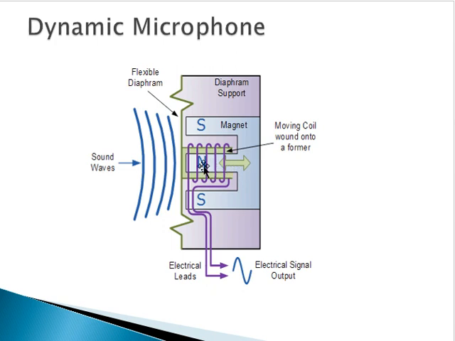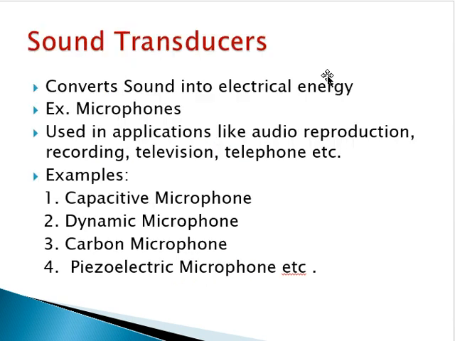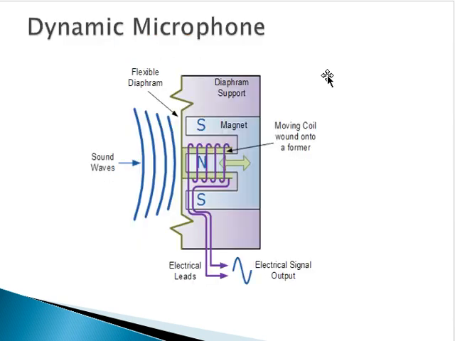Due to this change in position, the conductor is cutting the flux, or electromagnetic field, and a voltage is induced that is directly proportional to the sound waves we are applying here. So this is the basic working principle of a microphone. This is a dynamic microphone.